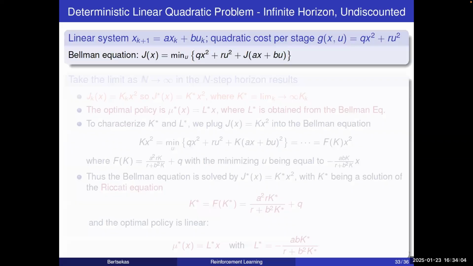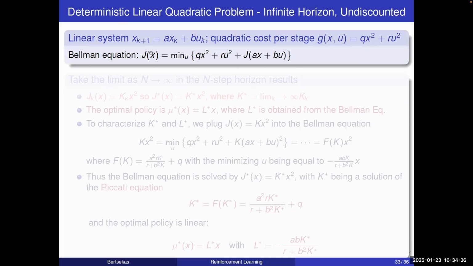Now let's go back to the linear quadratic problem and give some intuition, an illustration of how Bellman's equation looks for the infinite horizon problem, as well as value iteration. We focus on the deterministic case, and we consider this linear system, A, B are given constants, and quadratic stage cost Q and R. And Bellman's equation for this problem would look like this.